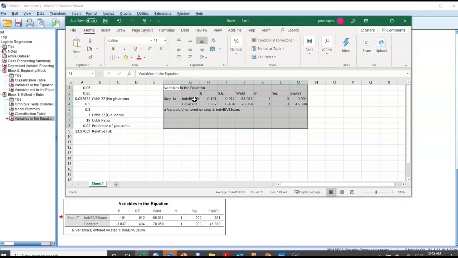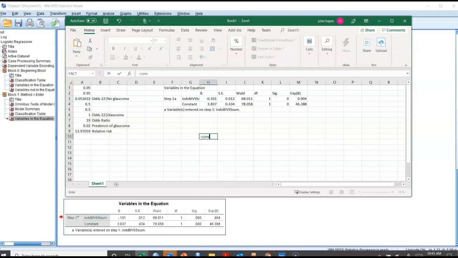So we had said before, from that formula that we just derived, that the 50th percentile is minus the constant divided by the slope, which in this case, oops, it doesn't like that.